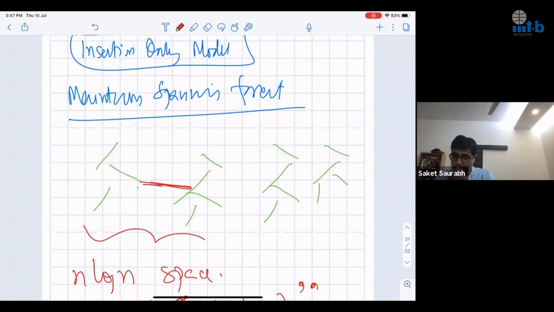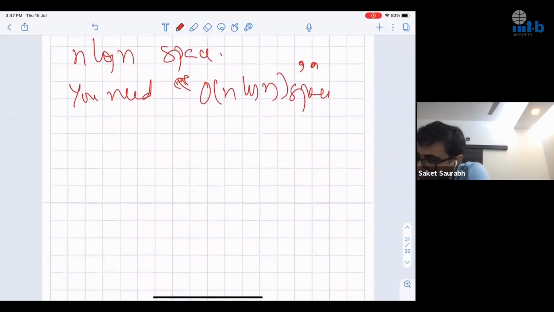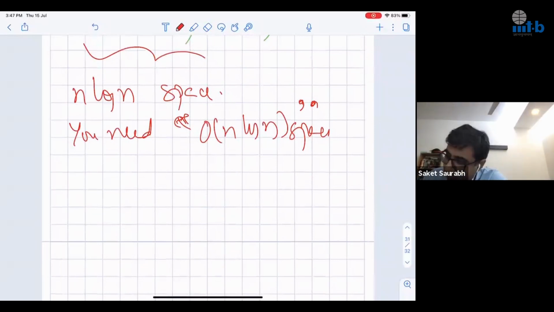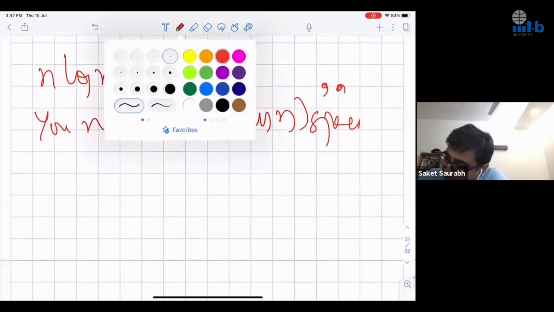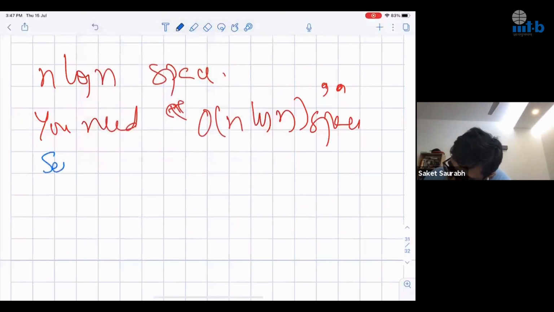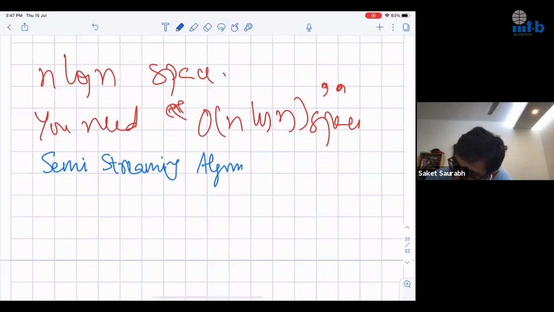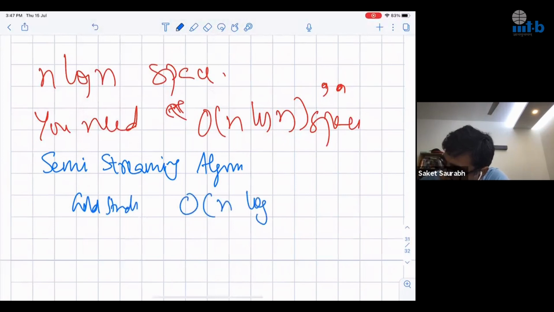So what is defined in graph algorithms is something called semi-streaming, where we say our gold standard for graph problems is, if I allow you n polylog n space.